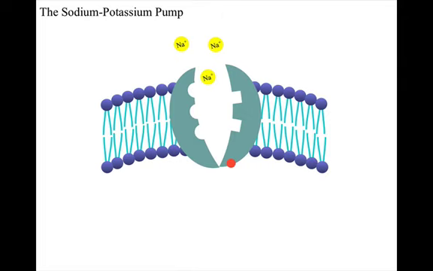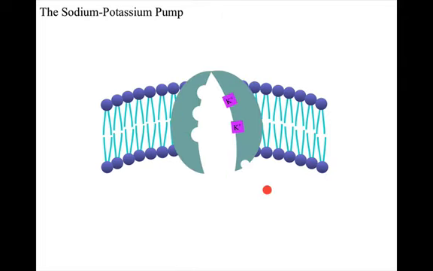In this configuration, the pump has an affinity for potassium ions, which therefore bind to the 2 receptor sites. The binding of the potassium ions results in a reverse change to the pump conformation and release of the phosphate.